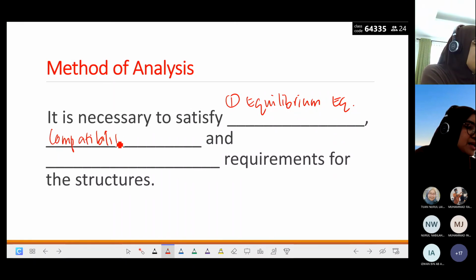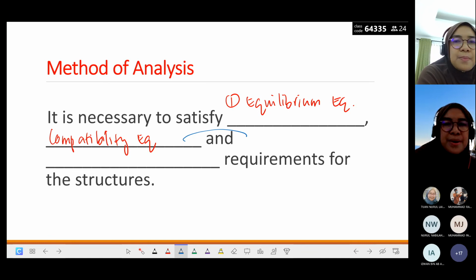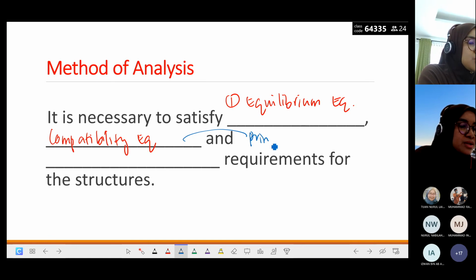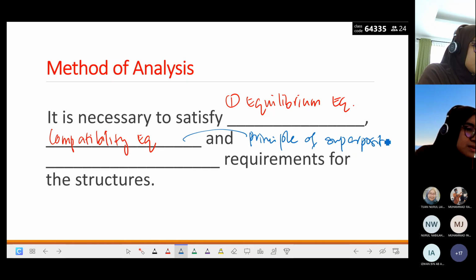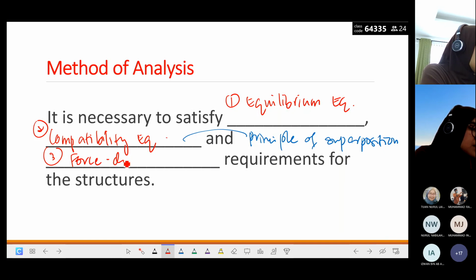The compatibility principle or compatibility equation actually comes from the principle of superposition. And number three is the force displacement equation.